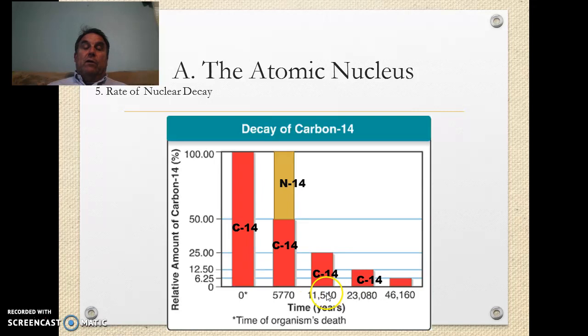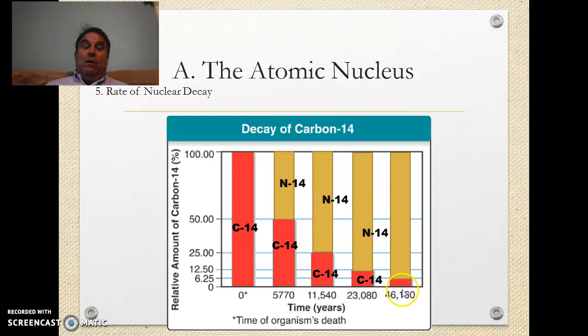After two half-lives, or 11,540 years, there's 25% carbon-14 remaining, and the other 75% is turned into nitrogen-14. So you may have heard of carbon dating of fossils, and they have to be relatively young fossils, and this is how they tell the age of the fossil, is they compare the relative abundance of carbon-14 to nitrogen-14 in the sample.